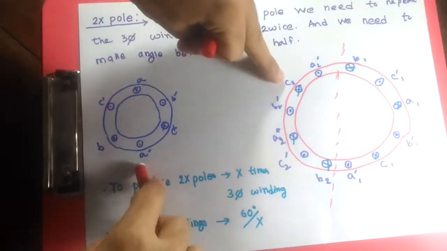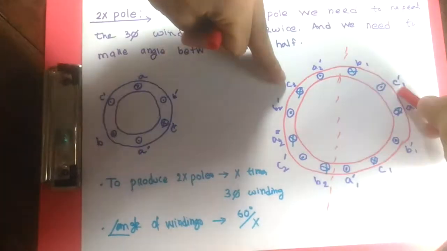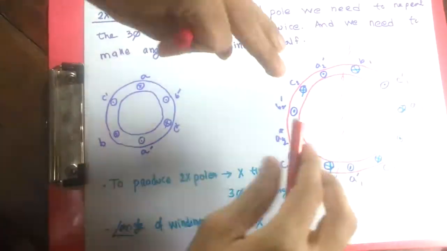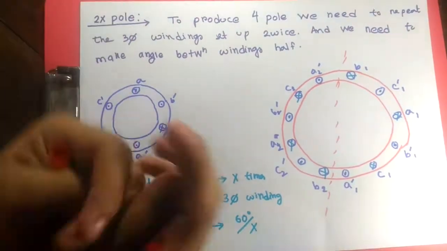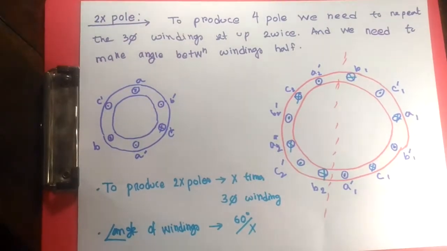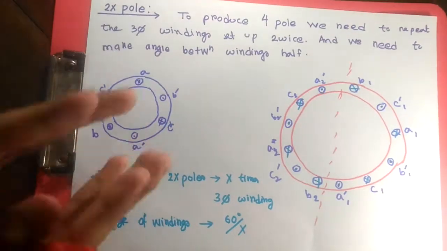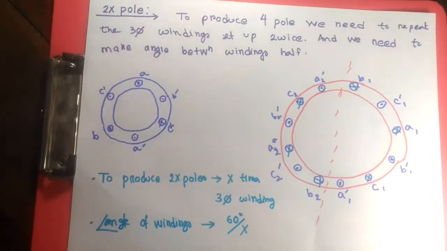You have a, a1 dash, c1, b1 dash, a1, c1 dash, and b1, and again a repetition with simply another nomenclature, a2 dash, c2, like that. So the angle between two adjacent windings is cut in half, and that's how we produce four poles.